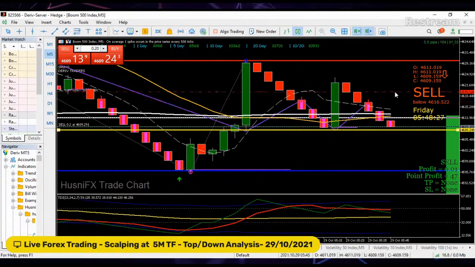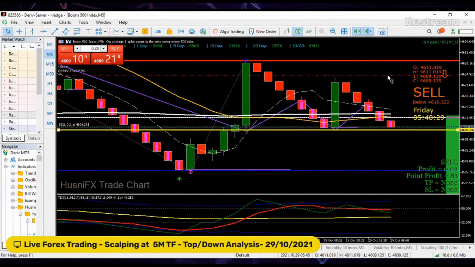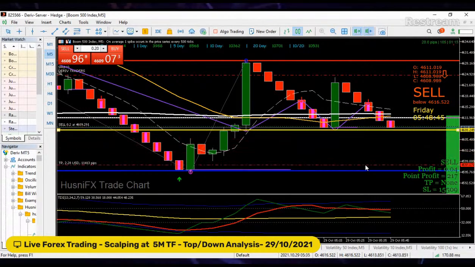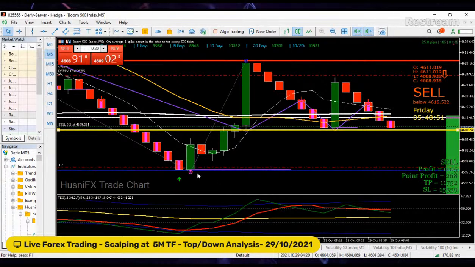So right now I have to place SL above the previous higher low. You can see the lower high. So this is the lower high where I place my SL. You can see this is the higher high and this is the lower high. So where should I place my TP? It will be above the current low.